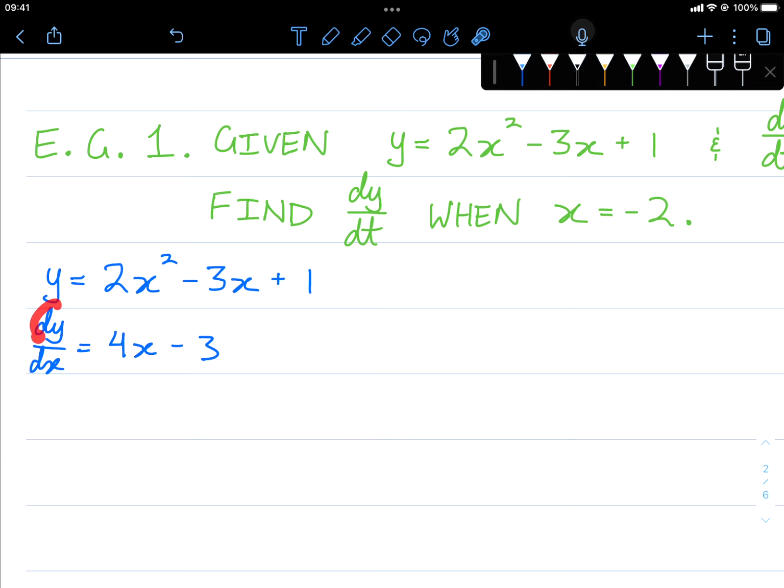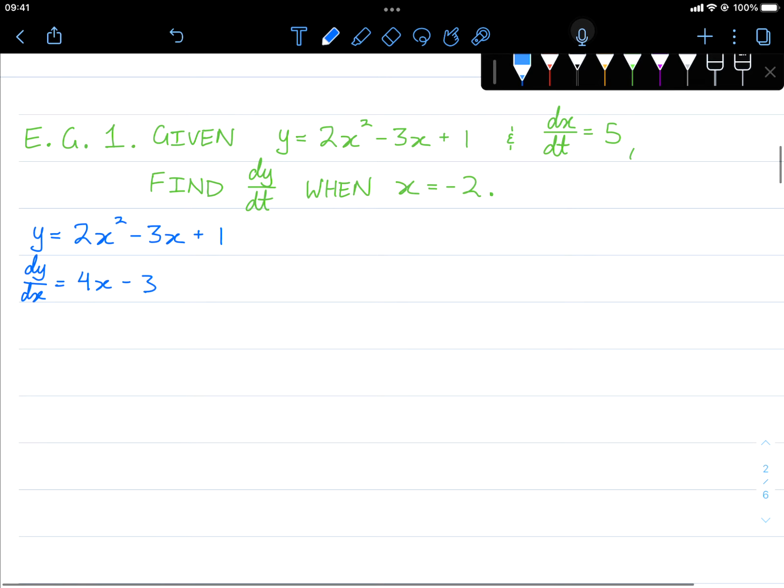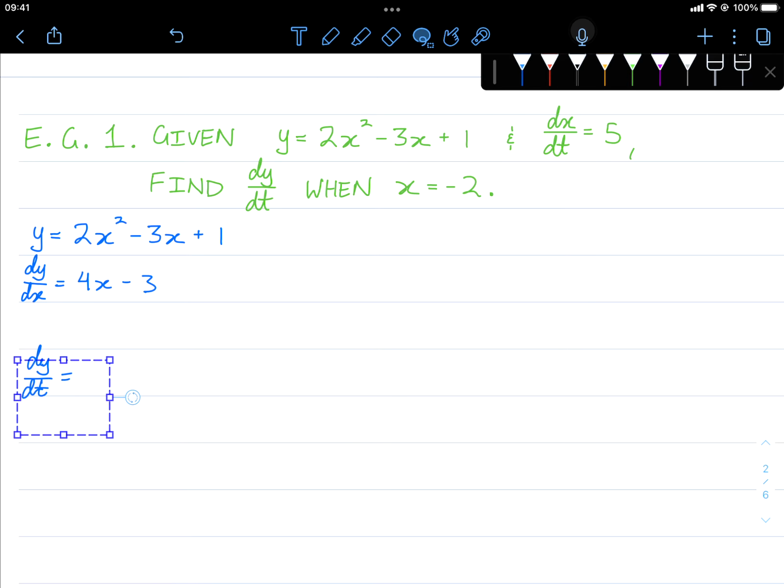It's the rate of change of y against the length. We want the rate of change against time. So in order to do that, we want dy/dt. We can find this by taking dy/dx, multiplying it by dx/dt.